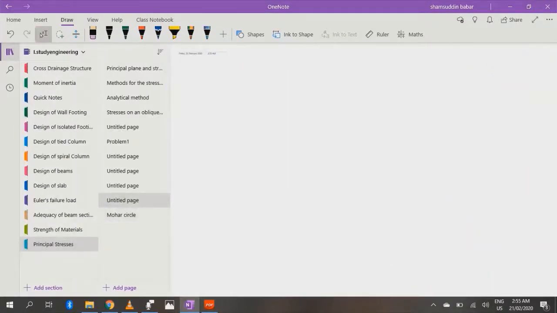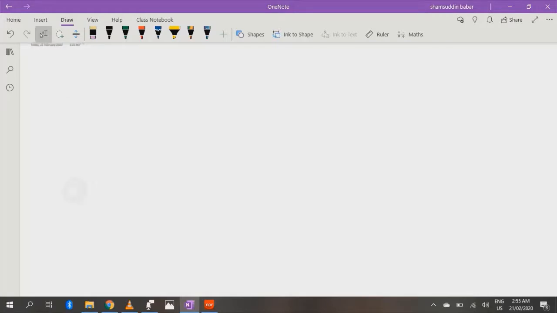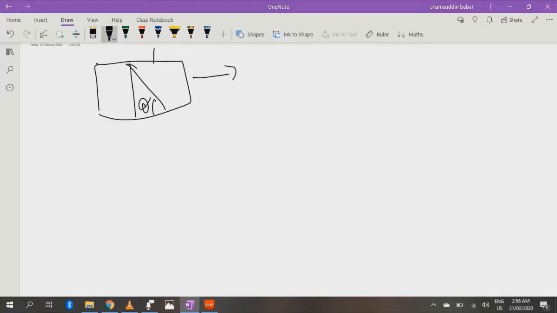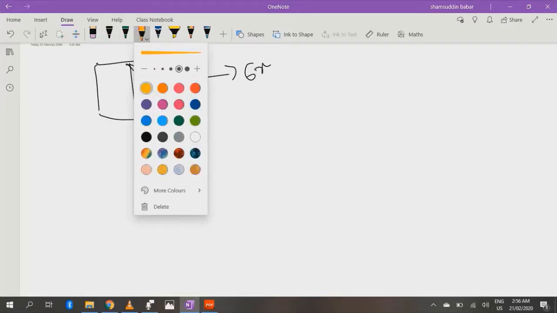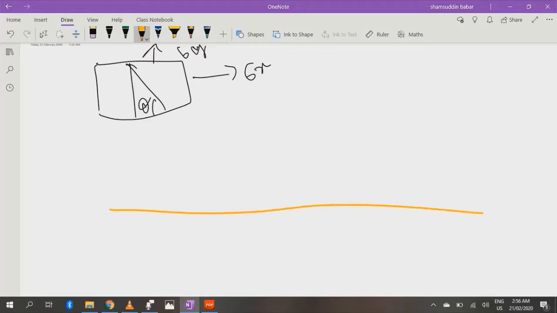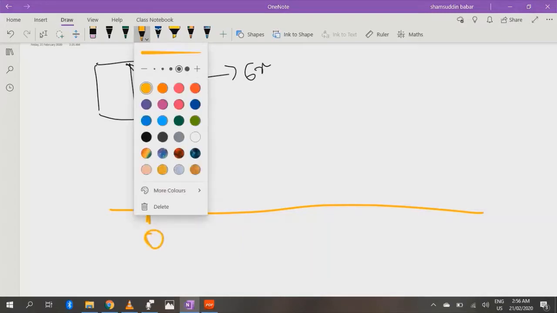Now for case number 2, which we can draw like this. For example, we are given a body with an oblique section at angle theta and 2 direct stresses, and both we are taking as tensile, stress x and stress y. For this case, make a line and mark it as point O. Both are in the x-axis direction, so both will go in the x-axis direction.